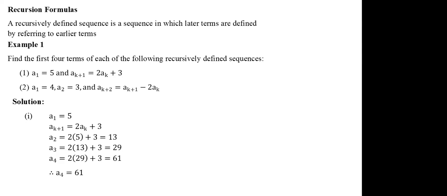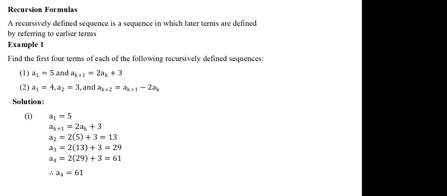Yes, sir. Okay. What is now A4? A4, sir, means when K is equal to what? 2. And A4 will give me what? A4 equals A3 minus 2A2.